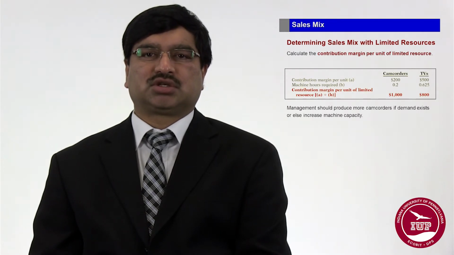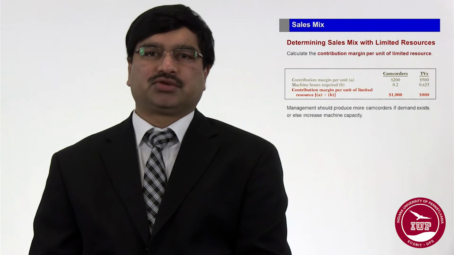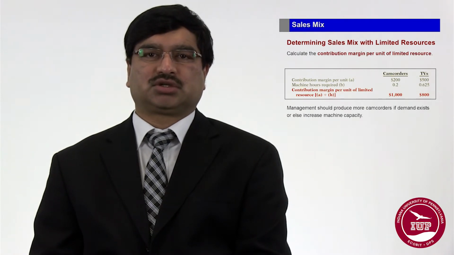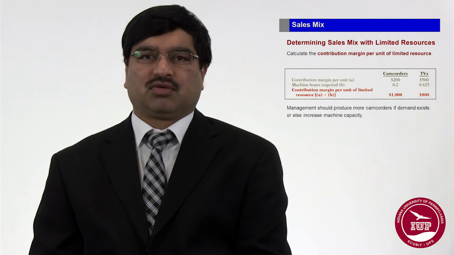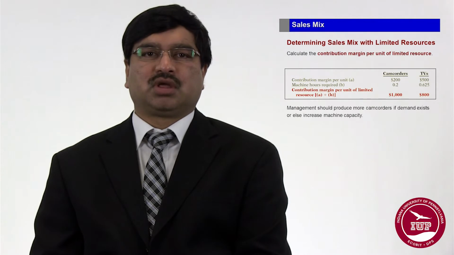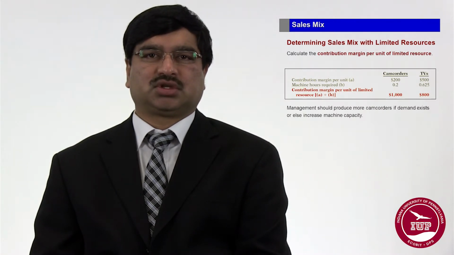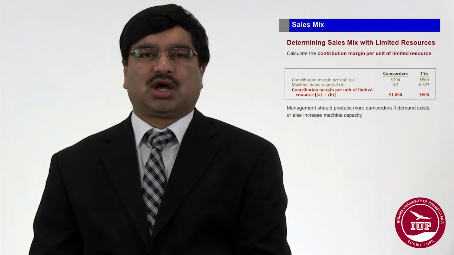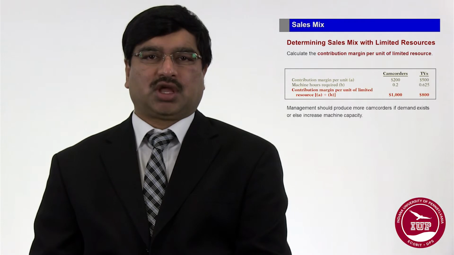So in this case, this information can be used by management to make a decision that camcorders should be produced first if the demand exists. Once the demand for the camcorders is filled up, then you produce the TV, because for every hour of scarce resource, in this case the machine hour, we are producing higher contribution margin for the camcorders.